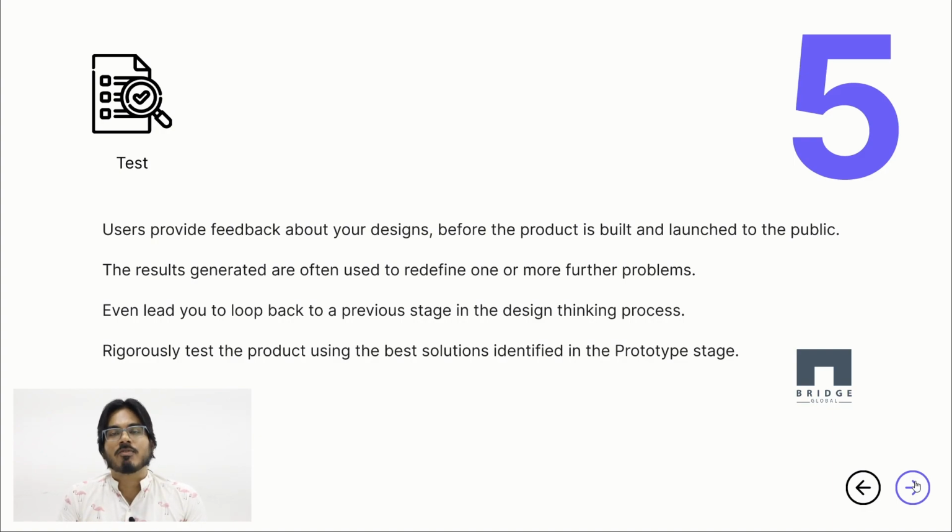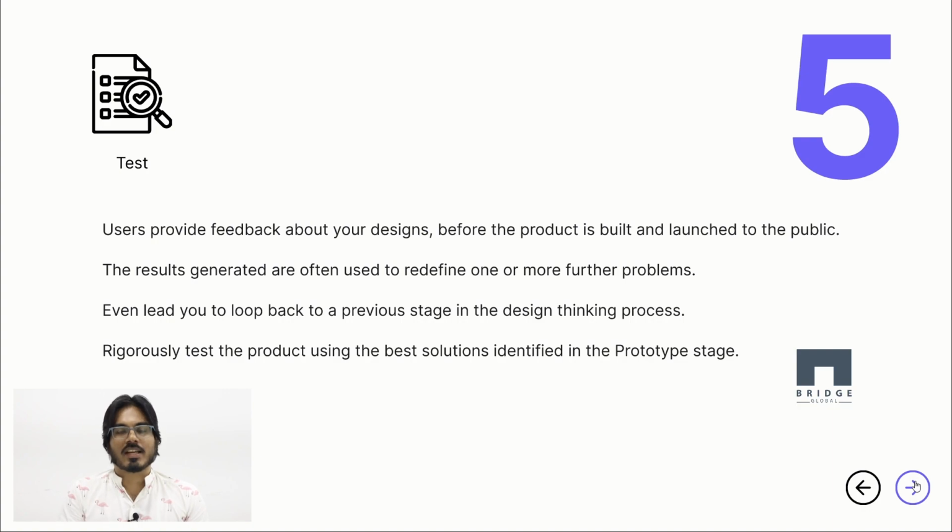But after testing with the users, we will be able to know how good our solution is, and before going to a larger audience, we can test it with a beta audience to see if it's going to work or not, so that we can always go back to other stages in this process, because design thinking is not a linear process.